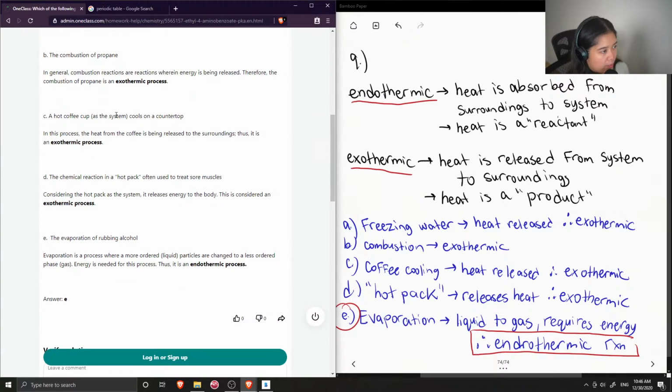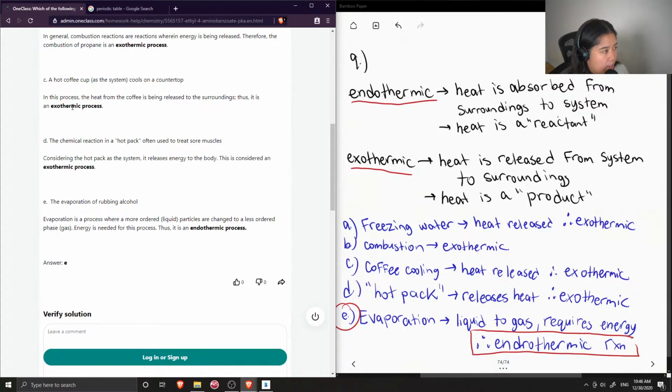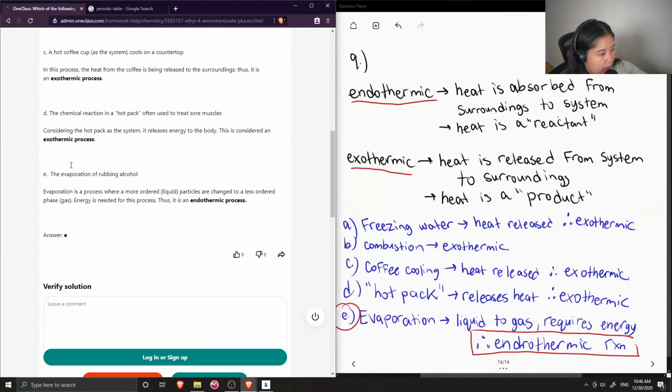Coffee cup cools on the countertop. So in this process, the heat from the coffee is being released to the surroundings. Thus, it is an exothermic process. Chemical reaction in a hot pack, often used to treat sore muscles. Considering the hot pack as the system, it releases energy to the body. This is considered an exothermic process.